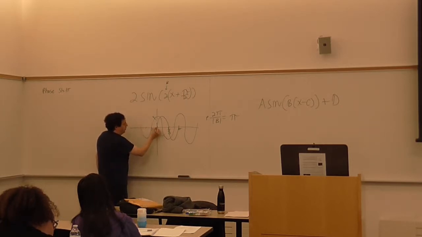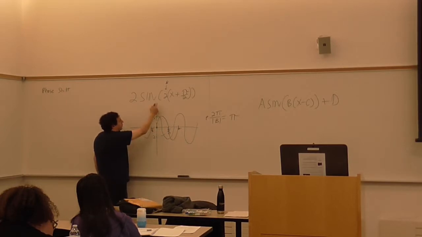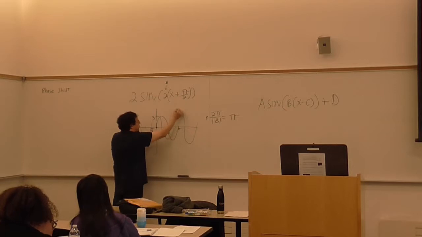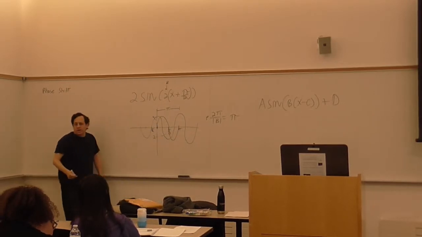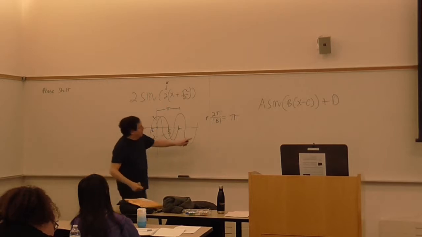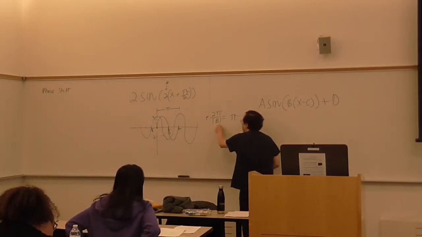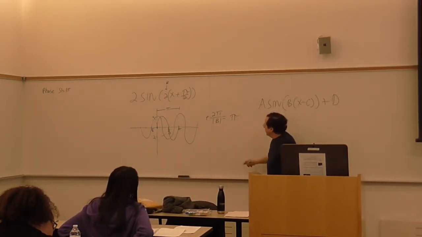In other words, usually a sine function starts at 0, but this sine function is going to start at pi over 2. This has a period of pi because of the 2 here. That's the 2 pi over b. That tells me the period.